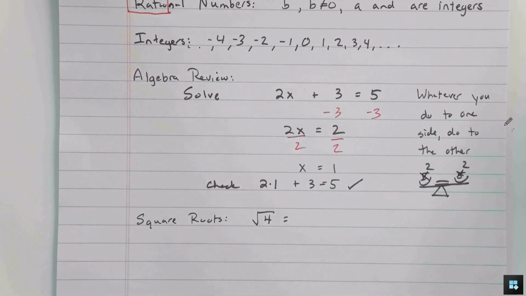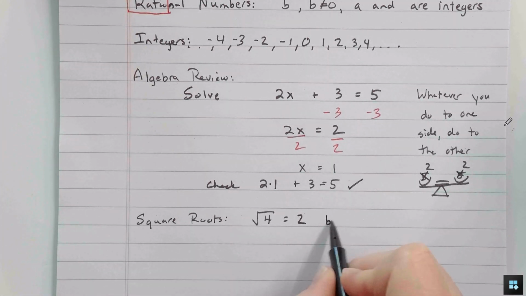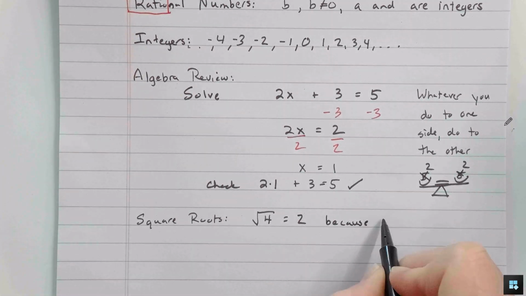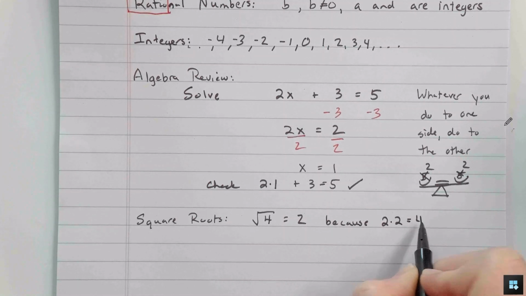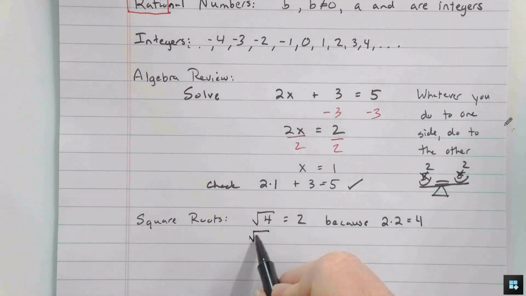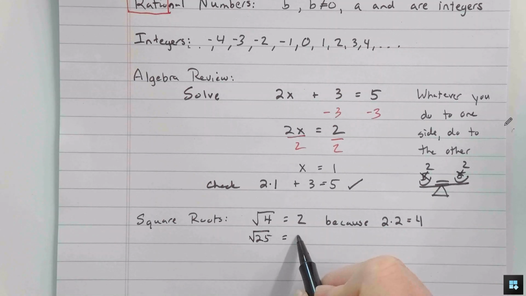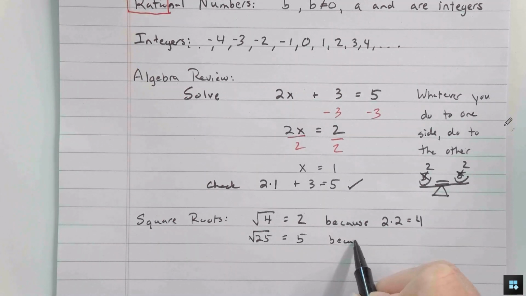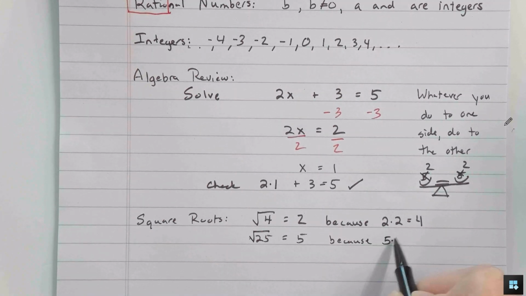The square root of 4 is 2 because 2 times 2 equals 4. When we look at a square root, we're looking for the number that you multiply times itself to get this value 4 under the square root symbol. That's called the radicand. If we have the square root of 25, what would that be? 5, yes, because 5 times 5 is 25.